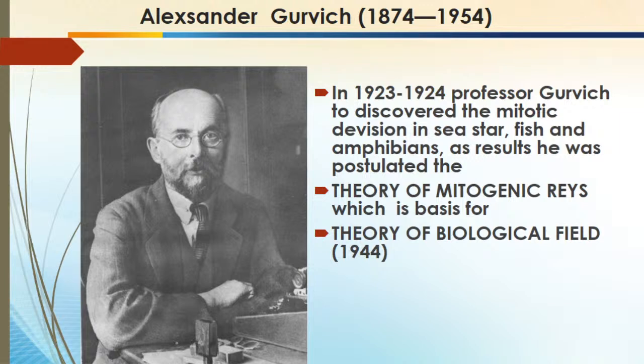These are the rays of life, as Gurevich named them, but later they were named mitogenic rays. This fundamental work was written in our university here in Simferopol, in Crimea, and after that printed in Moscow, and it remains one of the interesting theories of biology and cytology.